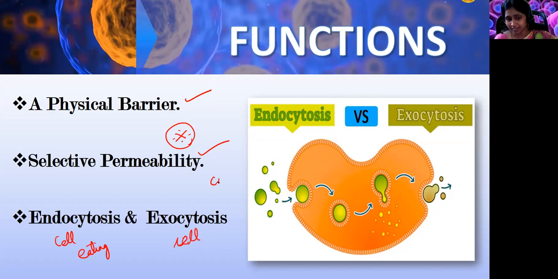One more term, as I use the term cell drinking, I'll give the terminology also: pinocytosis, which you may not find in your textbook. Just make a note: cell drinking, pinocytosis. Exocytosis, cell vomiting, we can say, just throwing out the waste.